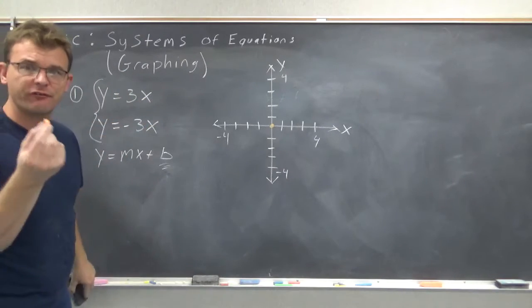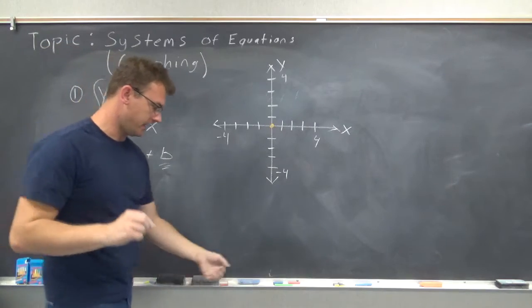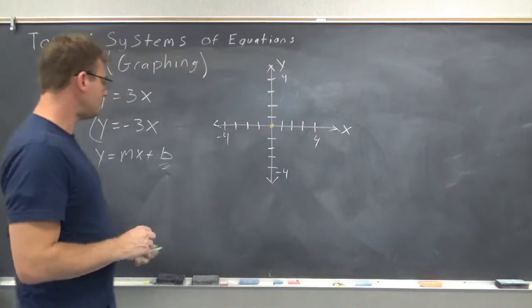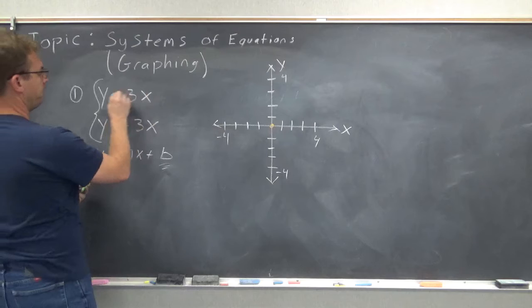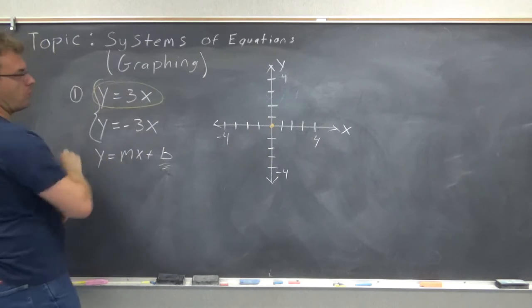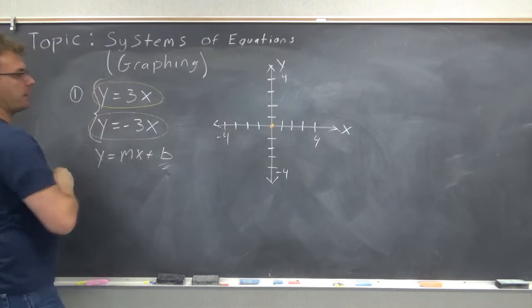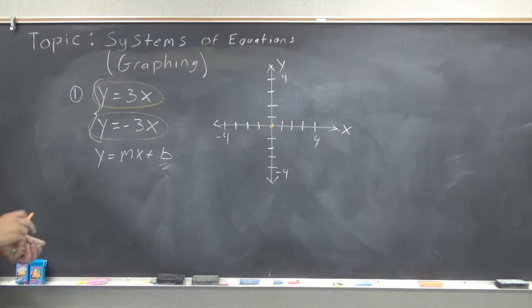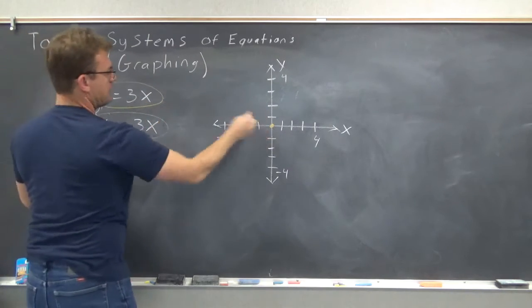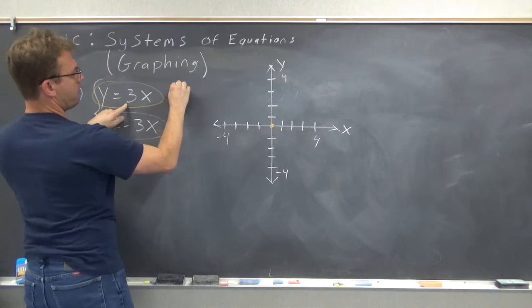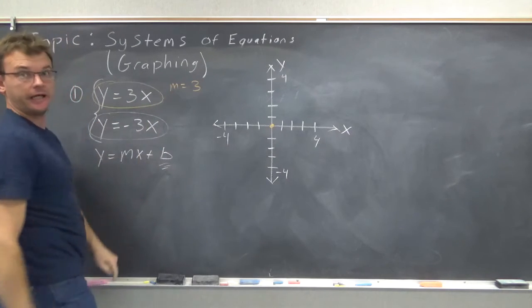I'm going to try to use two different colors on this so you don't get mixed up. So let's do orange on this one and green on this one. So this starts at 0 and our slope is 3.